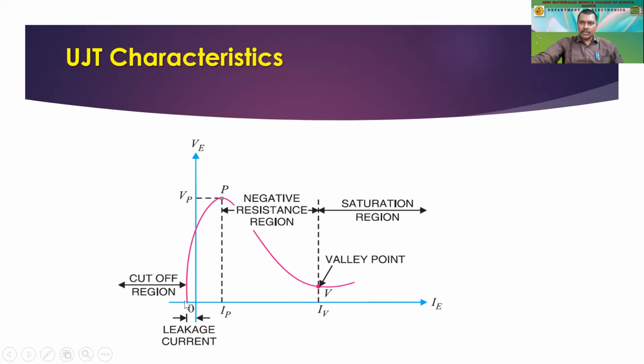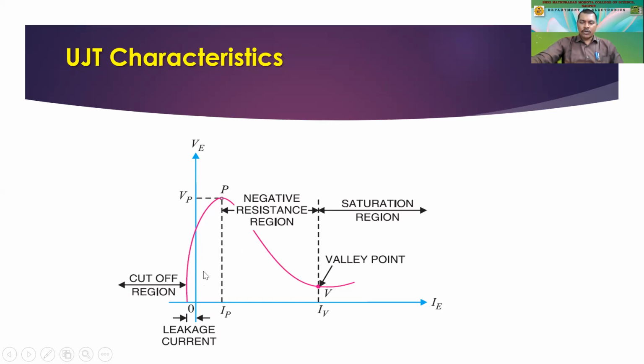So these are some of the points concerned with that. We have a leakage current in the reverse bias direction. When the emitter is reverse biased, there is a small reverse current flowing in the transistor. Right. So as you go on increasing the current, the voltage increases, and at a certain point, which we call the peak voltage point, from there the current starts increasing with the decrease in the voltage.